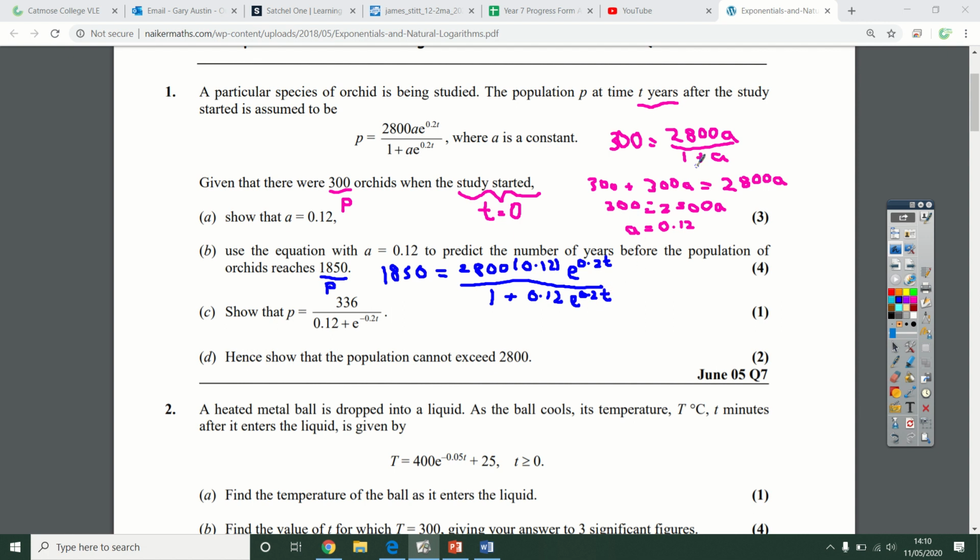Okay, let's tidy this up a little bit. 2800 times 0.12 is 336. Then multiply through on the denominator again, so that's just the numerator there.